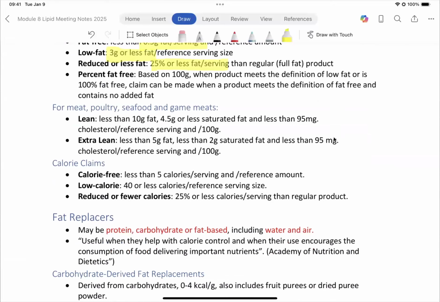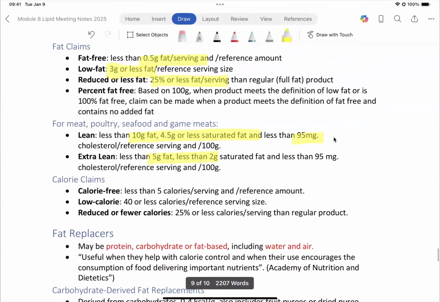If you're having a meat product and it has less than 10 grams of fat or 4.5 grams of saturated fat and less than 95 milligrams of cholesterol, you could call it lean. And if it has less than 5 grams, you can call it extra lean. And I don't know why I put the calorie claims in here. Okay.